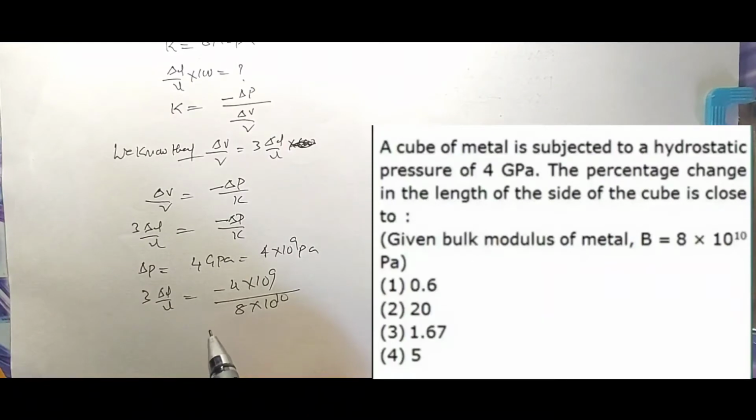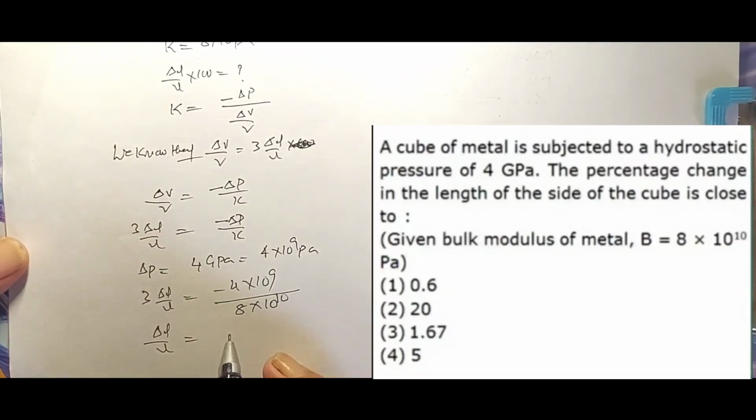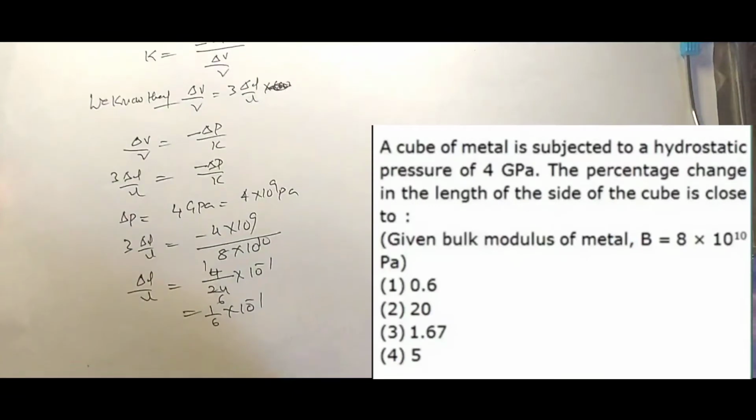Here neglect minus sign. What minus sign tells? When we apply pressure on any body, the volume decreases. So here we write delta L by L is equal to 4 by 24 into 10 to the power of minus 1, that is 1 by 6 into 10 to the power of minus 1.